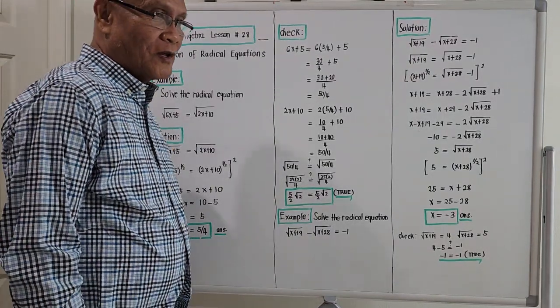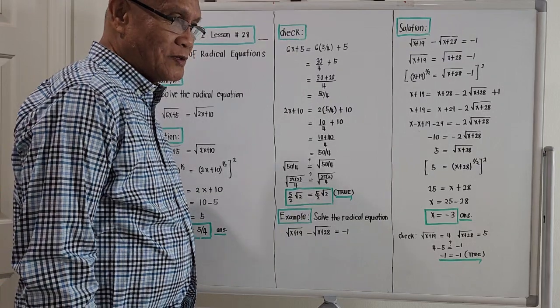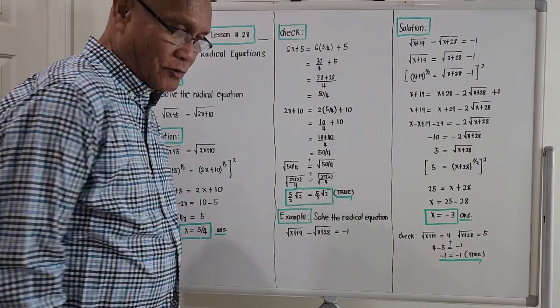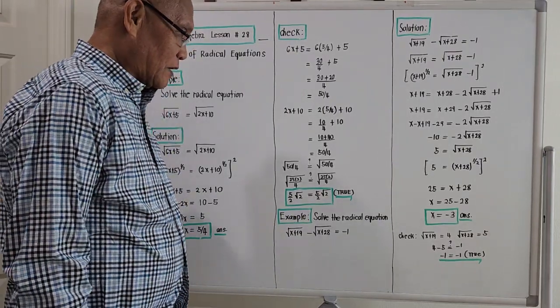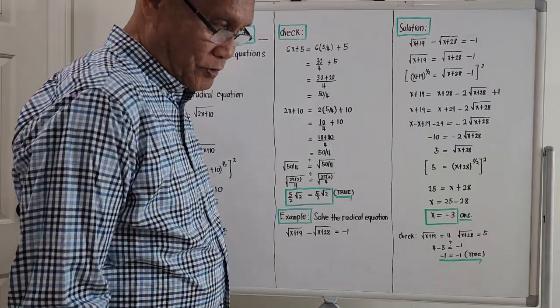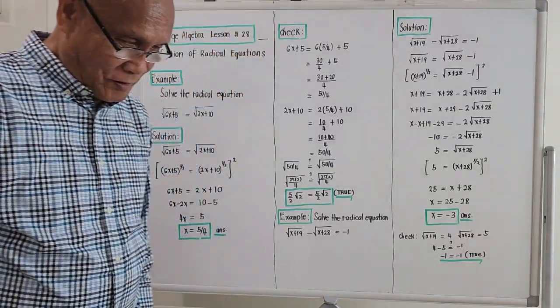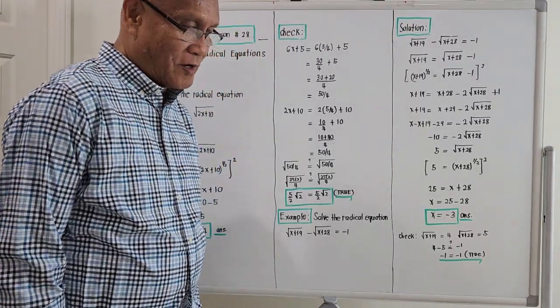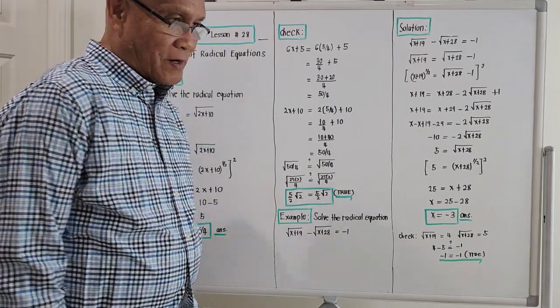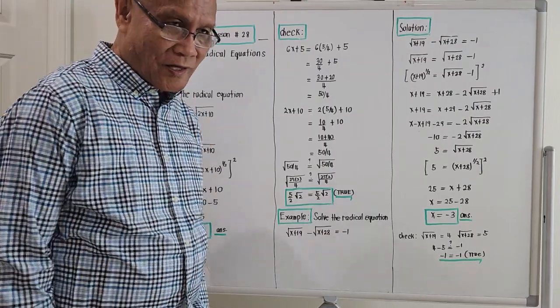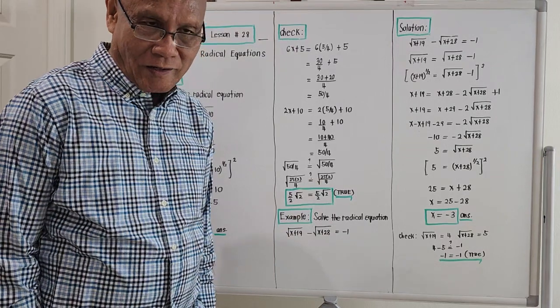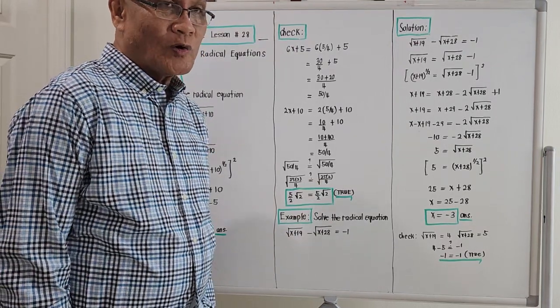In lessons 26 and 27, we discussed what radical expressions are. A radical expression is an expression that contains radicals, so at least we know what a radical sign, a radicand, and the index of a radical are.